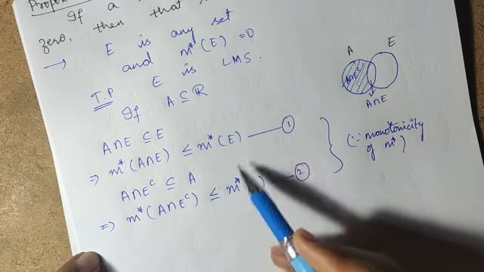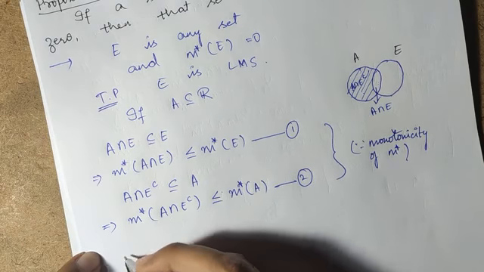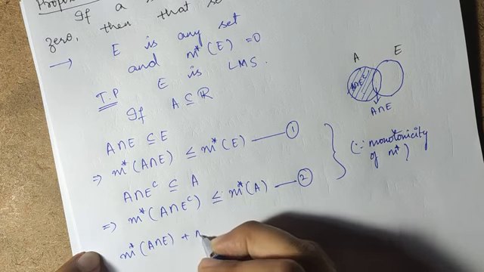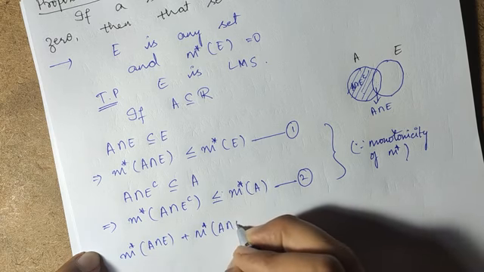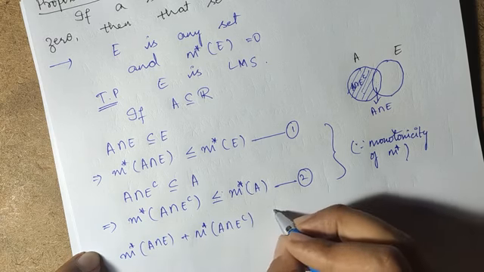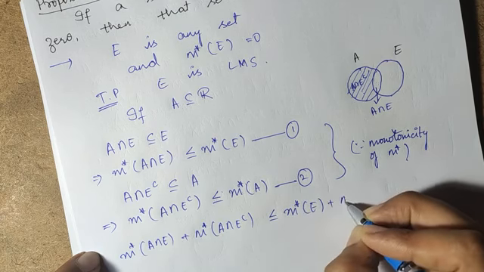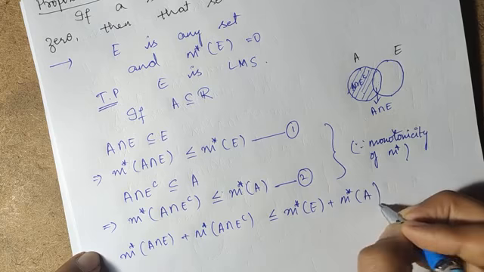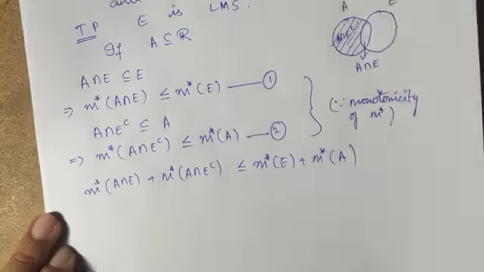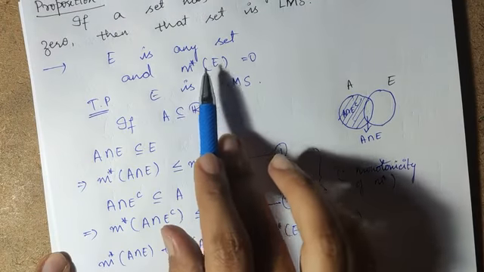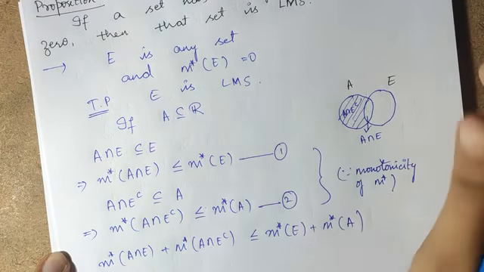Since all the quantities are positive, because outer measure is defined to be positive, I can add these two inequalities. That is, m star of A intersection E plus m star of A intersection E complement will be less than or equal to m star of E plus m star of A. The given thing is, if I consider E as any set, then the outer measure of that set is 0.